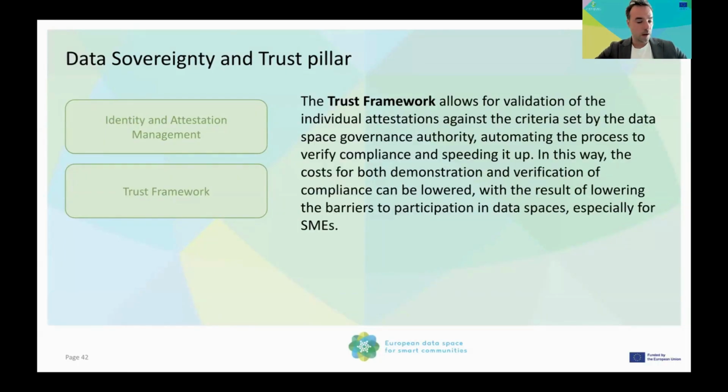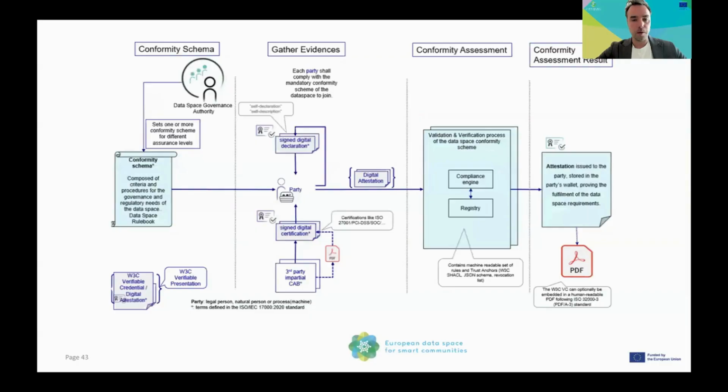There might be different kinds of roles, so not every participant is created equal within a data space, but it's also dependent, of course, on the type of pilot or the type of data space, if you want to have different categories of participants. This building block provides, for instance, this conformity schema, which details different ways of ideally automatically checking if any of the identified participants conforms to a specific role or a specific capability.